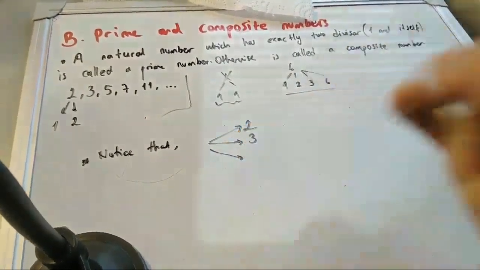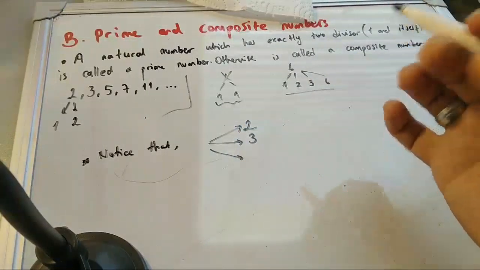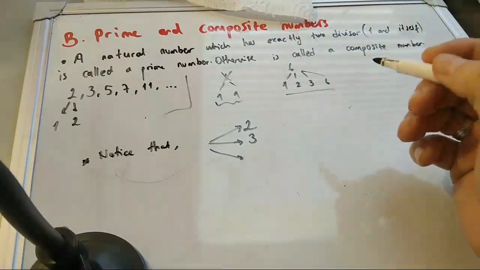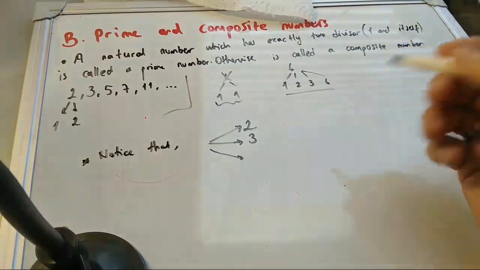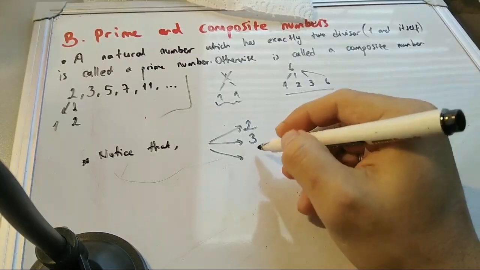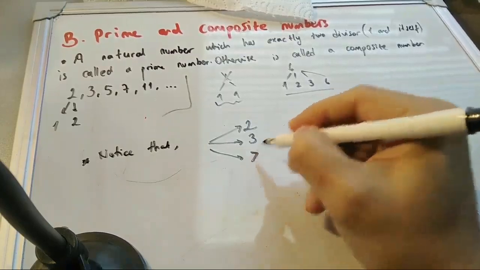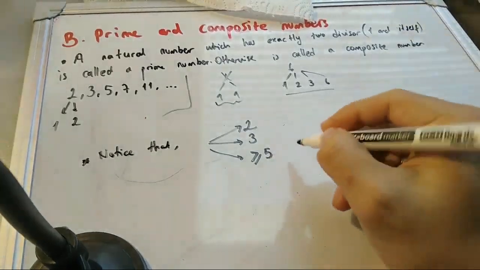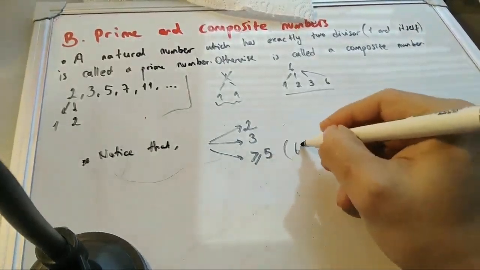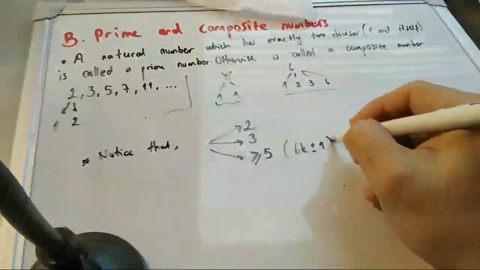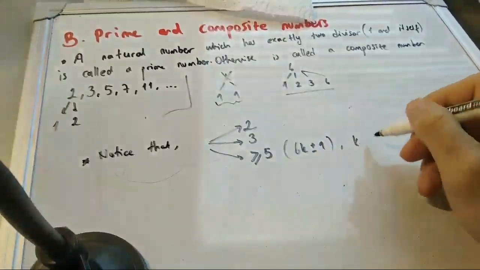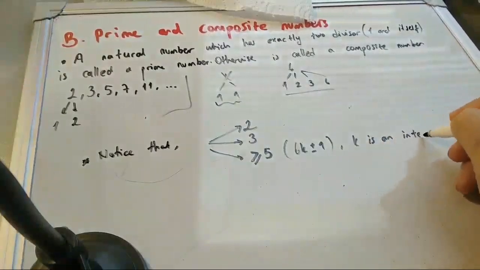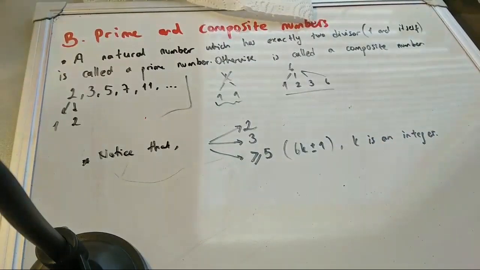If the prime numbers are greater than 3, greater than or equal to 5, the numbers will be represented by 6k plus minus 1, and k is an integer.